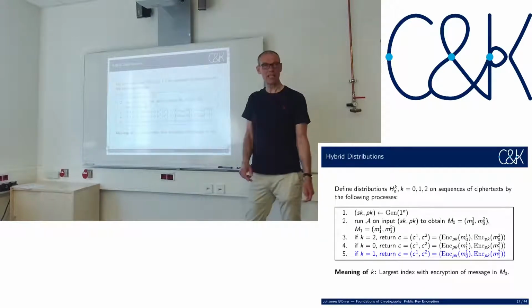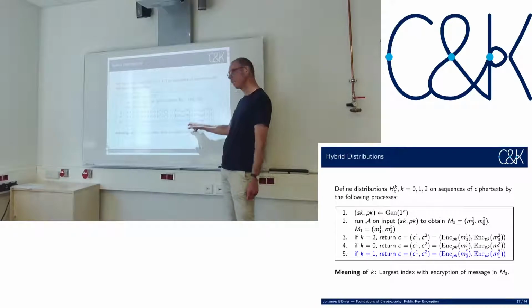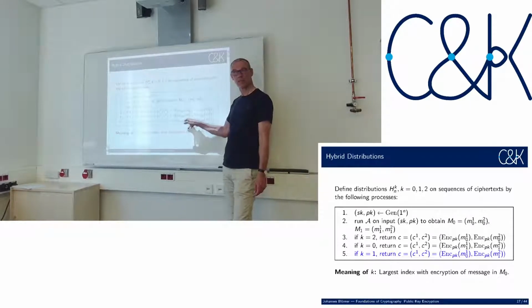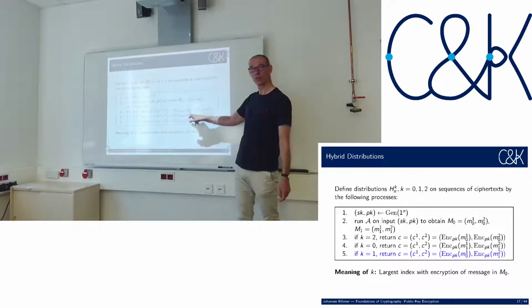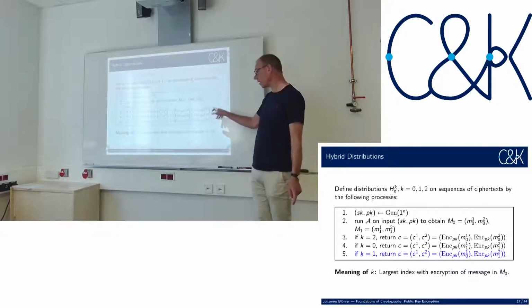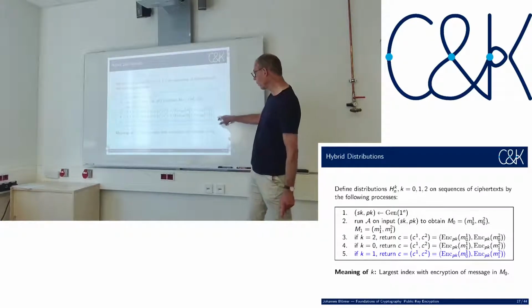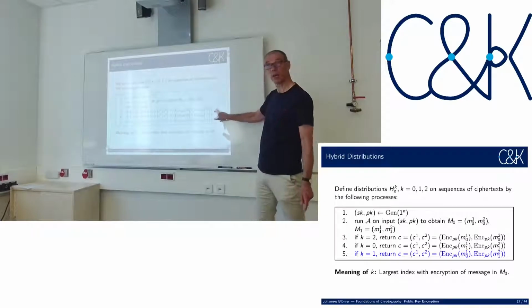The idea is, if I can distinguish whether I get something from this hybrid or from this hybrid, I should be able to distinguish whether I get an encryption of M11 or an encryption of M01, which is exactly my eavesdropping game for single messages. If I get this and this, and I can distinguish between these two distributions, again, they differ only in one position, namely the second one.